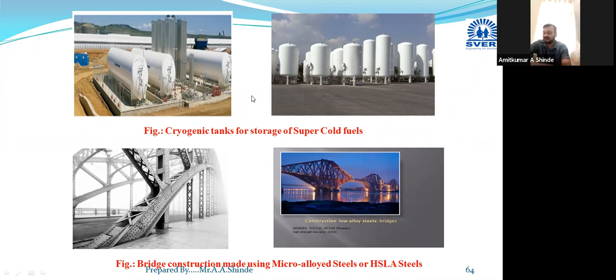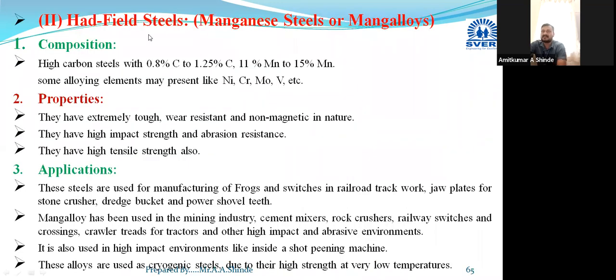Then we will move towards the next type, that is Hadfield steels. These Hadfield steels are also known as manganese steels, or mangalloys. This MANG stands for manganese. Manganese is the dominant or main alloying element here.